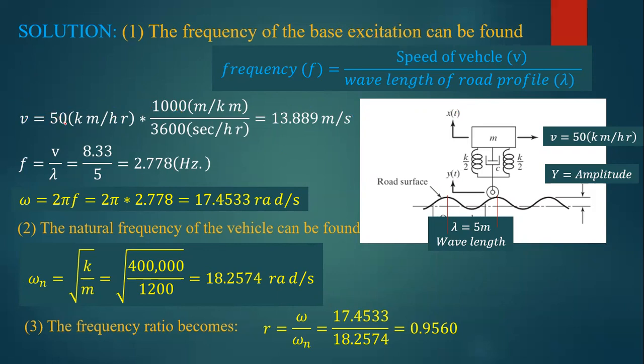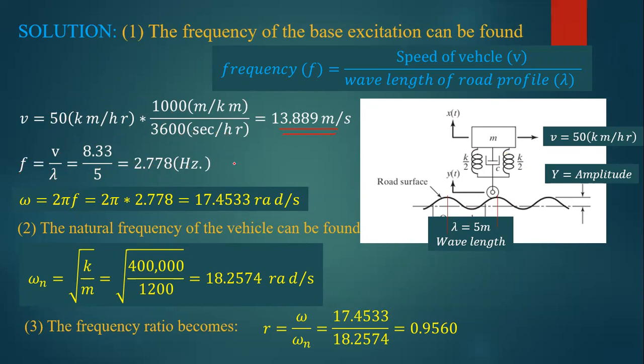Since 50 kilometer per hour is given, in order to use SI units, we divide the given velocity by 3.6, so that we have 13.889 meter per second, the velocity of the car. The frequency f is equal to v over lambda, which equals 2.778 hertz.